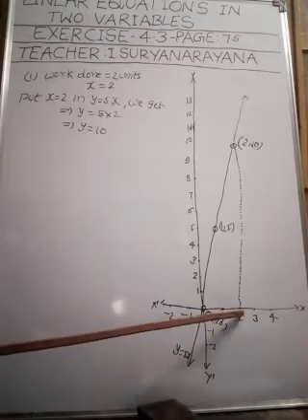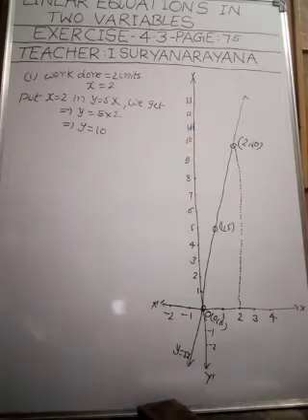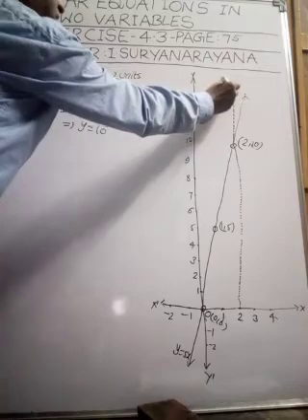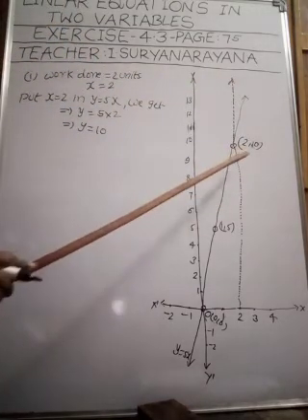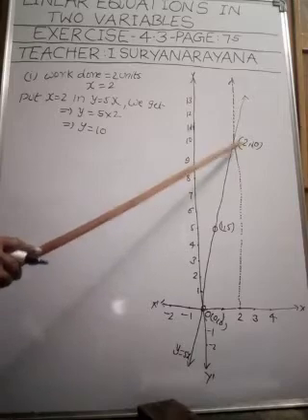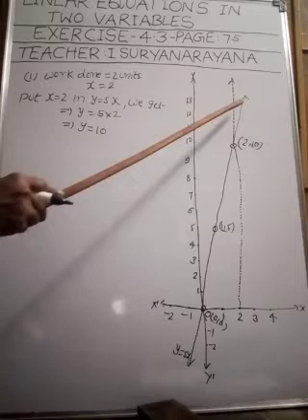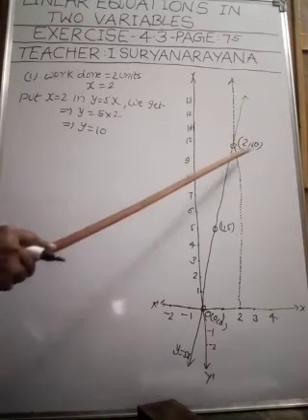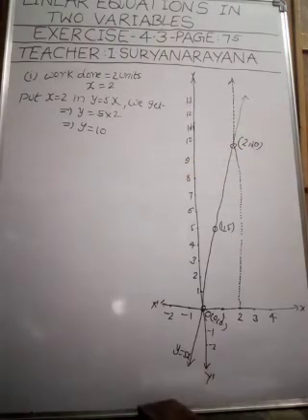From here, through this point, we have to draw a parallel line to the y-axis. Okay, my children. Then this line intersects the graph of this equation at (2, 10), ordered pair (2, 10). So y is equal to 10. Understood this point, my children?